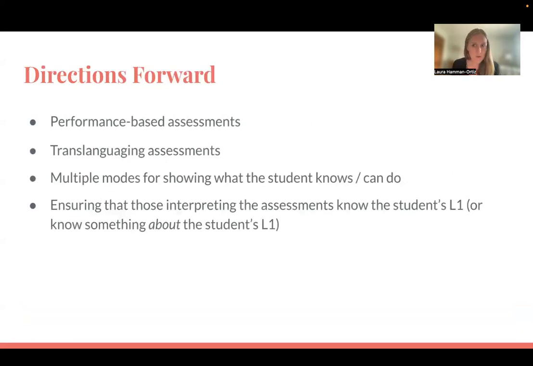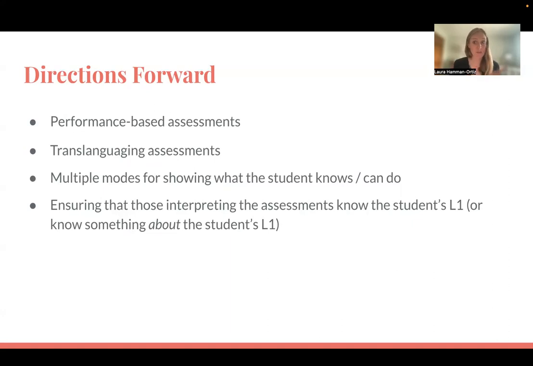Okay, so some directions forward that the chapter talked about are performance-based assessments. So having students do something to show their learning as opposed to just completing a test. Translanguaging assessments, so opportunities where students can draw upon their full linguistic repertoire to show what they know. So that might take the form of writing something bilingually, a bilingual product.